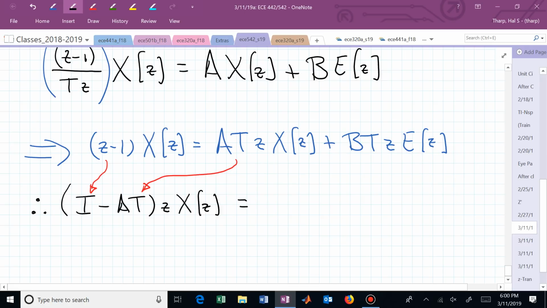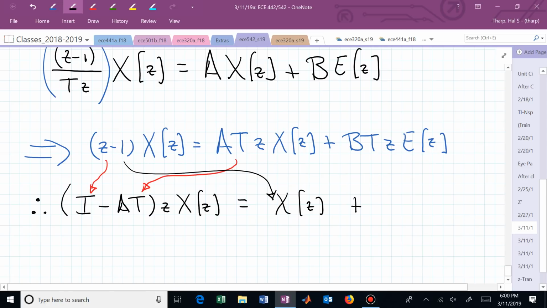Now I want to put that minus X of Z on the left on the right of the equal sign. I add capital X of Z to both sides. That's now coming from there.